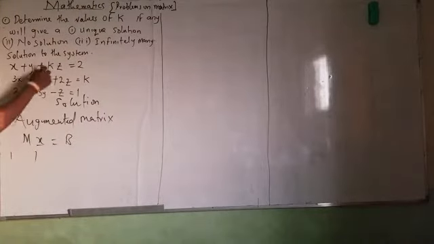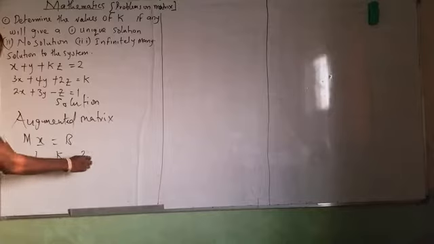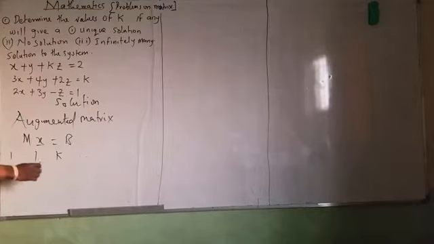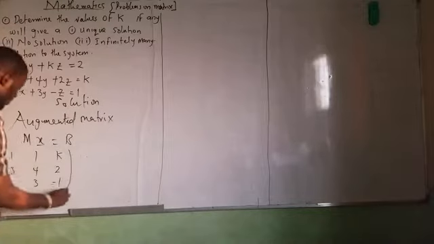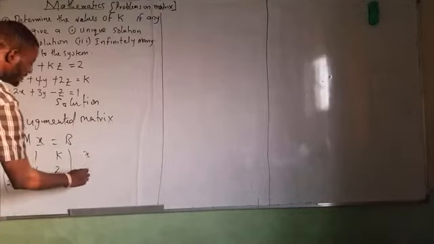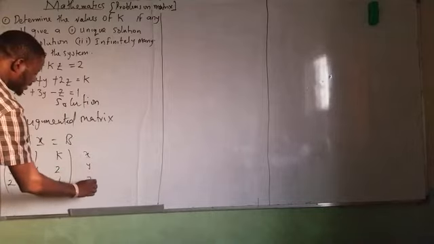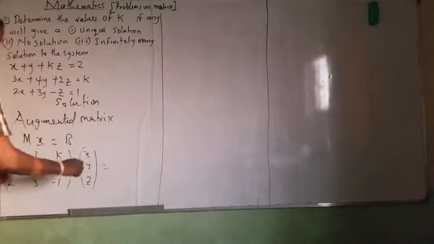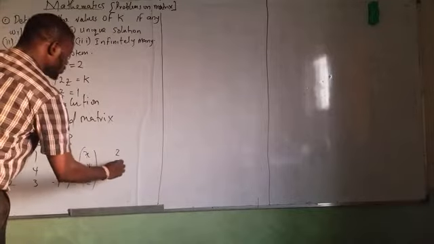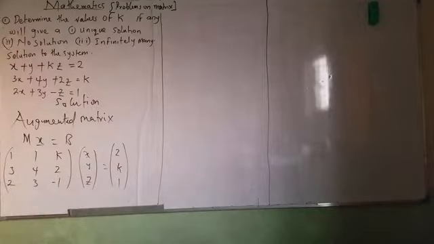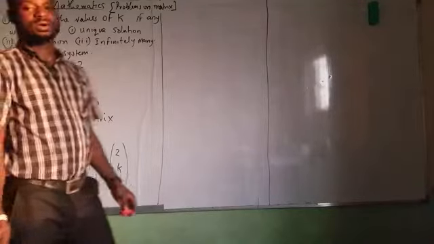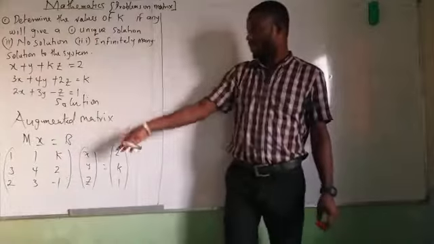I have 1, 1, 2, then 3, 4, 2, and 2, 3, minus 1. This is going to be the matrix. Now, the vector is y, x, z, and the b is 2, k, and 1.